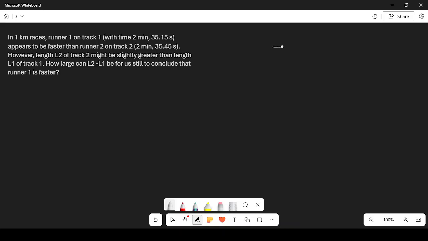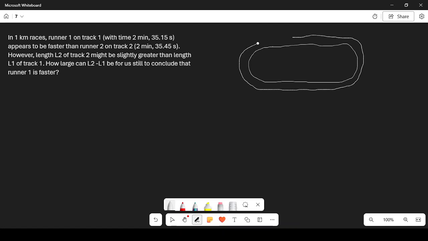We have such a picture. Now we make the first track. This is such a track, like a stadium. So this is our first track, the inner track.